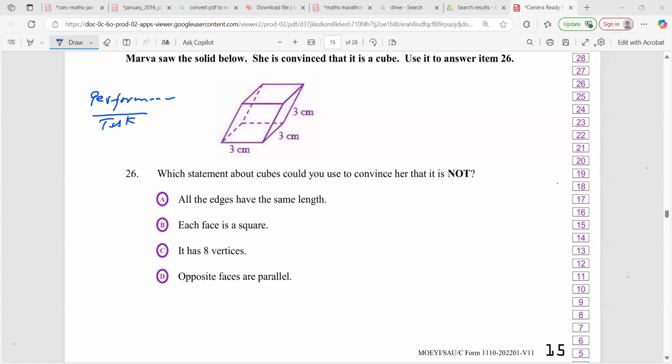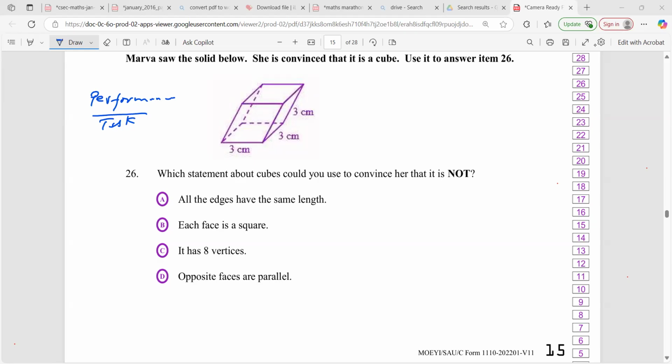Sir, my answer is A, because on the shape above, you see the length has 3 centimeters. So that's why I chose A. It couldn't be B, sir, because there are two squares right there.